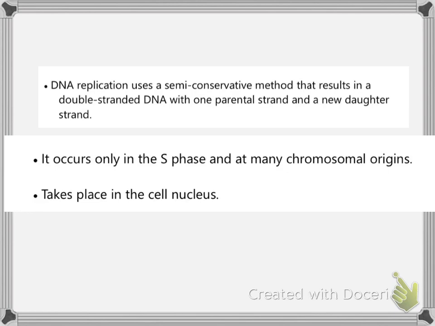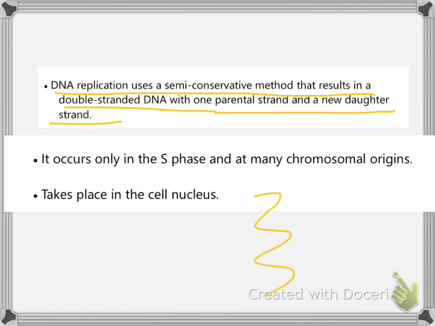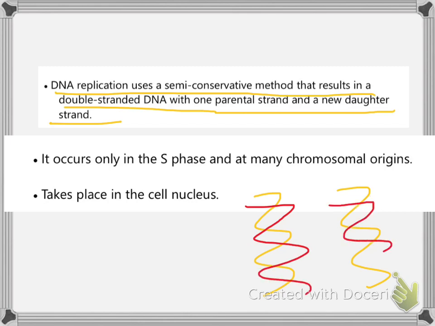And the second one is DNA replication uses a semi-conservative method that results in a double-stranded DNA with one parental strand and one new daughter strand. That we discussed earlier. That is, this is the parent DNA and this is the newly synthesized DNA.